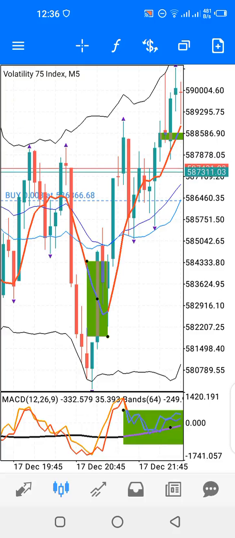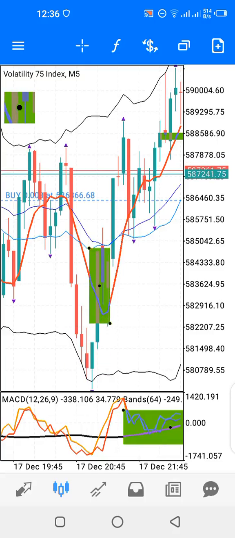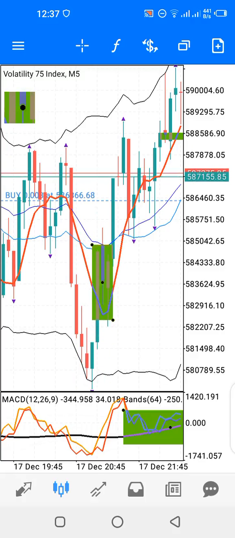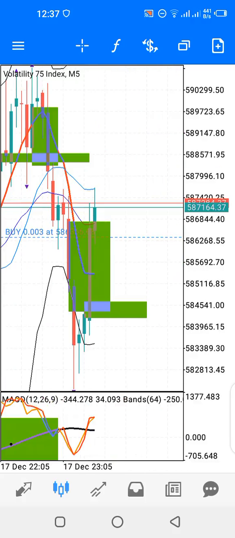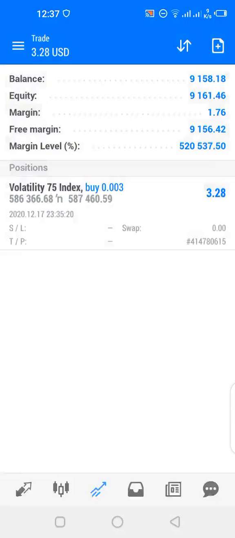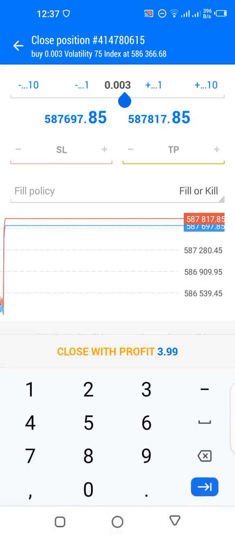It may touch the lower Bollinger band before lapping, and it may not, but just allow it to lap across. I can just scalp off this, or I can trim down the lot size.